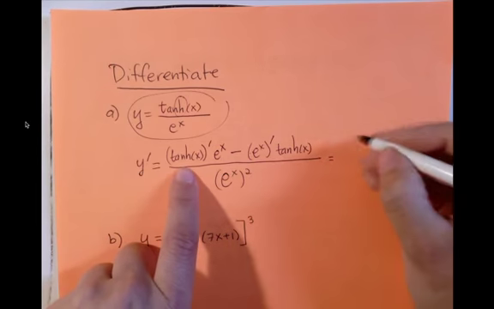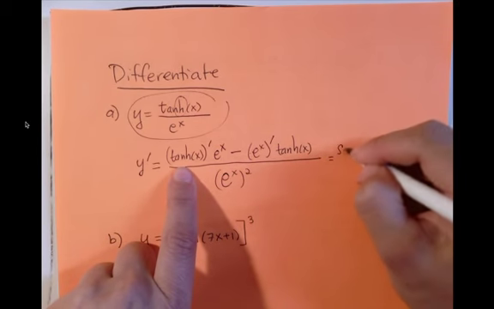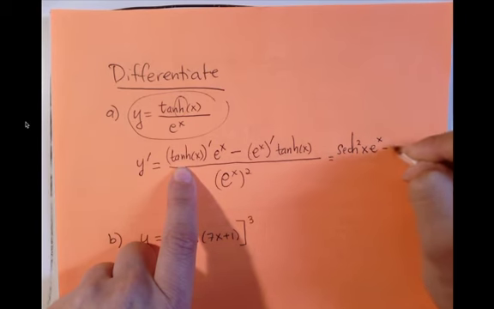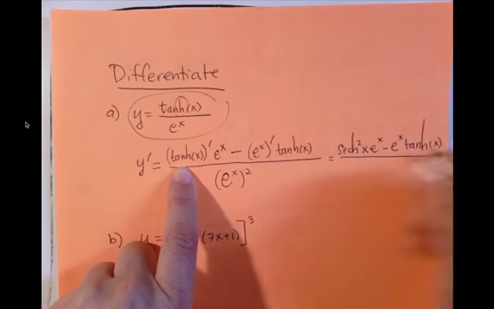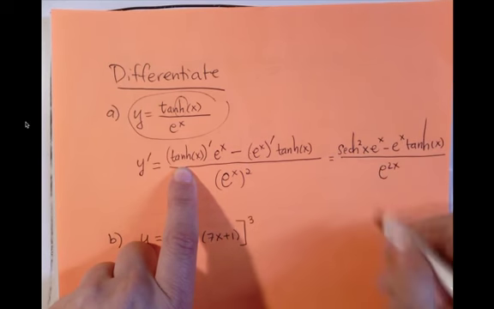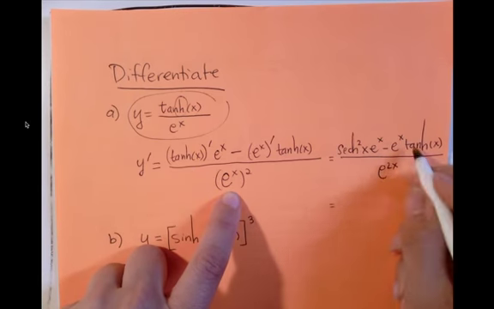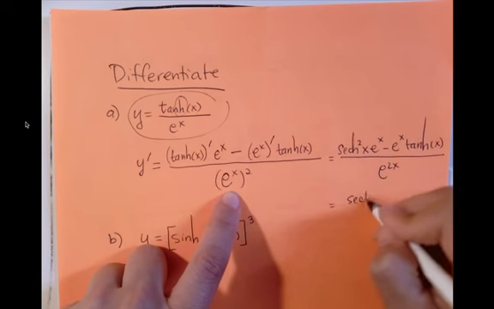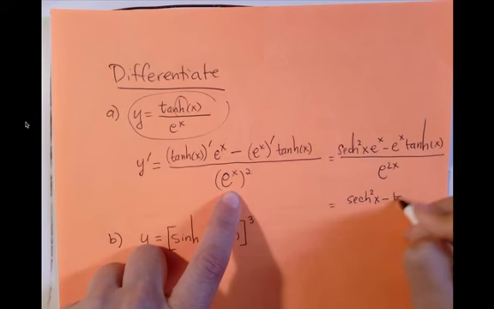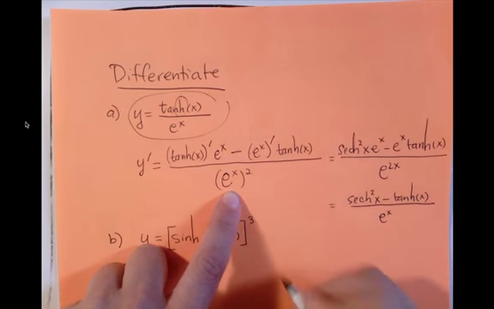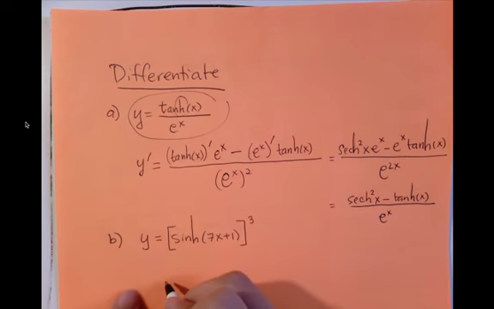So this will give me hyperbolic secant squared times e to the x. Okay, now you can simplify a little. You can pull out a factor of e to the x from the numerator and denominator. And you're left with this function. So that's y prime.